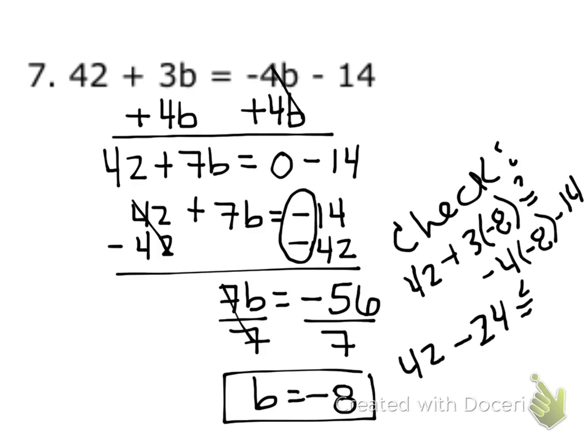Does that equal? My negative 4 times negative 8 is going to produce a positive 32 minus 14. So when I actually do that work, 42 minus 24 is going to be 18, and 32 minus 14 is also going to be 18, so we know that we did that correctly.